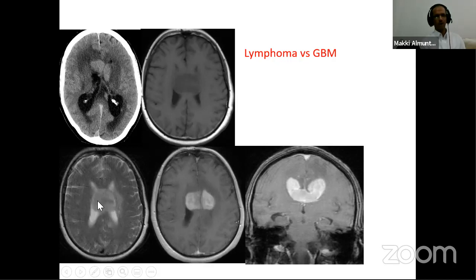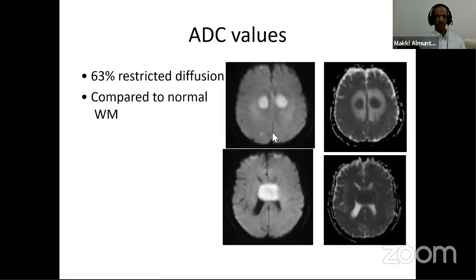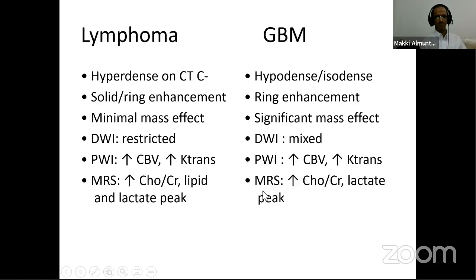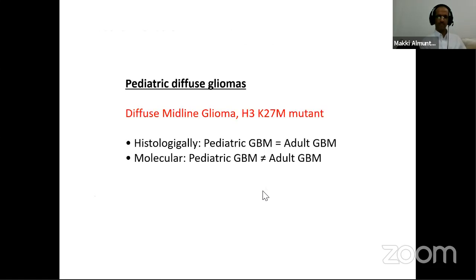If it's low on T2, this is suspicious for lymphoma. And when it's solid enhancing like this, suspicious for lymphoma. So this patient has lymphoma rather than GBM based on imaging. Also, when you look at the diffusion, lymphoma tends to restrict compared to GBM. And these are the features that I just mentioned.